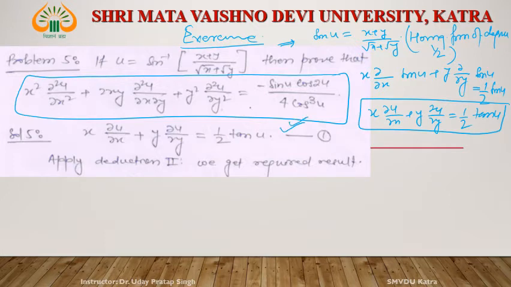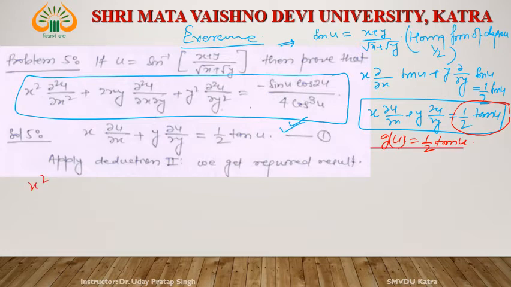Now, apply deduction 2. If we apply deduction 2, then we consider g(u) is equal to this. What is g(u)? g(u) is equal to 1/2 tan u. Right? Then what is deduction?